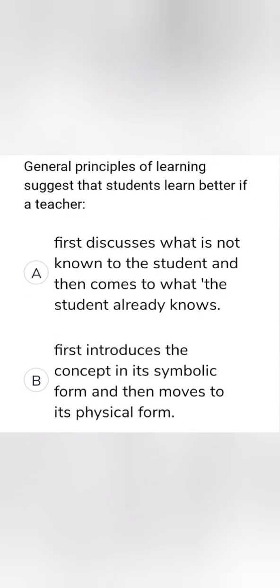Next question is: a general principle of learning suggests that students learn better if a teacher A. First discusses what is not known to the student and then comes to what the student already knows. B. First introduces the concept in its symbolic form and then moves to its physical form.